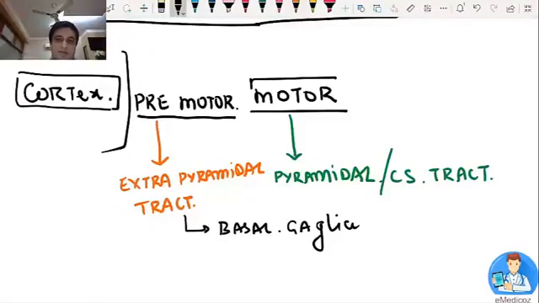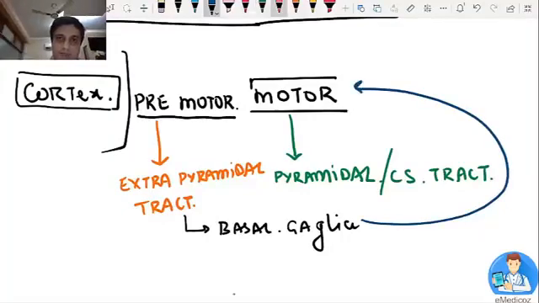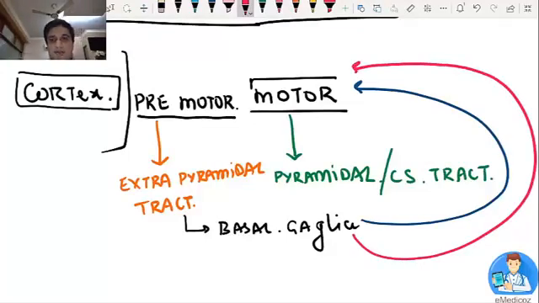And now it is going to send signals back to the motor area. Two signals will go back. One signal going back to the motor cortex is a stimulatory signal, and one is an inhibitory signal.